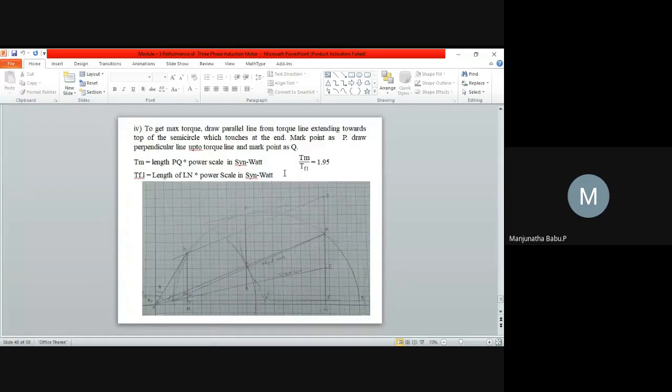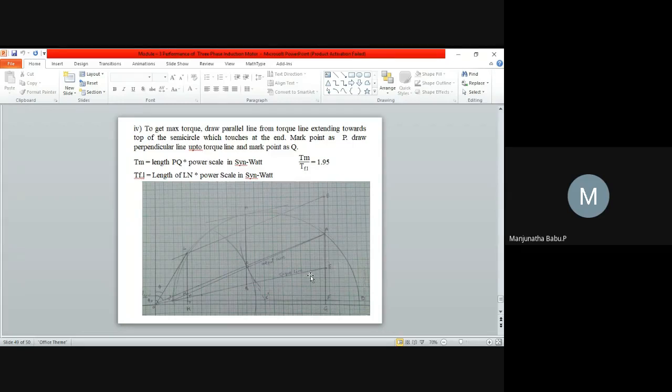I'll go for how to find the maximum torque, starting torque and full load torque. In this slide, you can see to get maximum torque, draw a parallel line from the torque line extending towards the top of the semicircle. Already we have drawn a parallel line from the output line to get point L. Similarly, to get the maximum torque, here is the torque line.